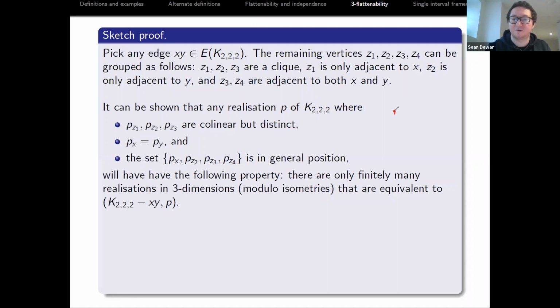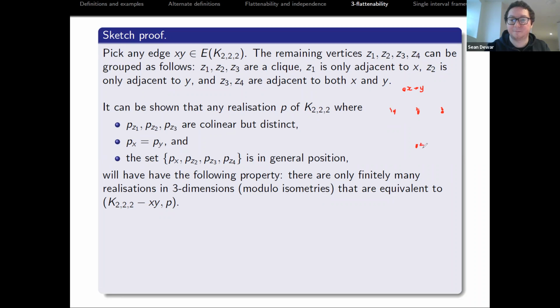So we've got Z1, Z2, Z3, collinear. We're going to have a point up here, which is going to be X and Y. And we're going to have another point here, I guess, in a different plane for Z4.